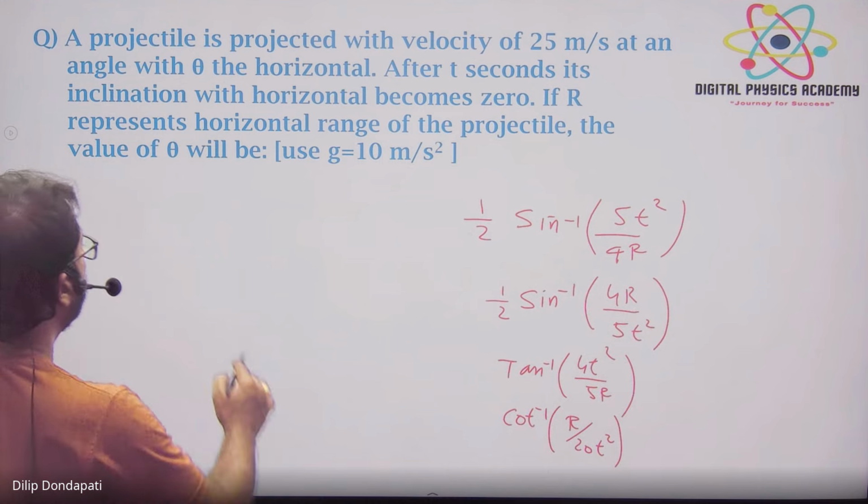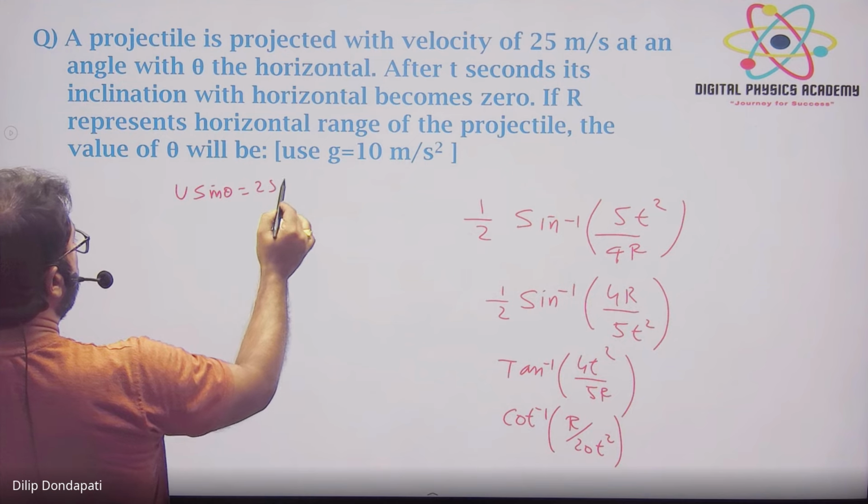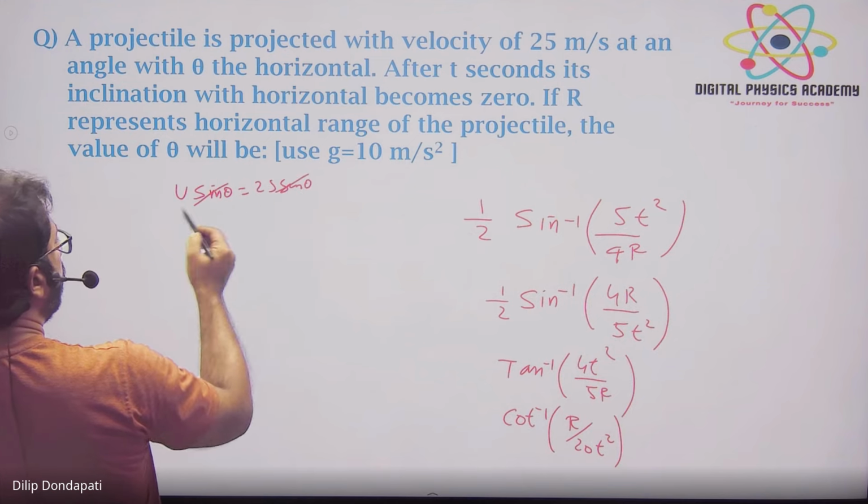Sir, if u sin theta is equal to 25 sin theta, does that mean u is equal to 25? u sin theta is equal to 25 sin theta, so sin theta cancels, u equals 25. Okay, sir.